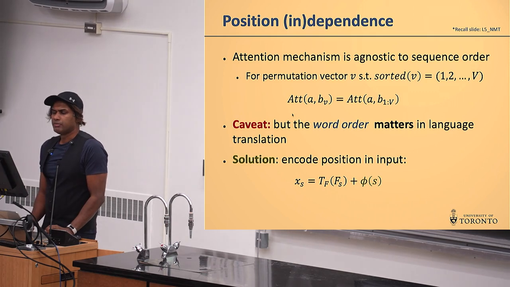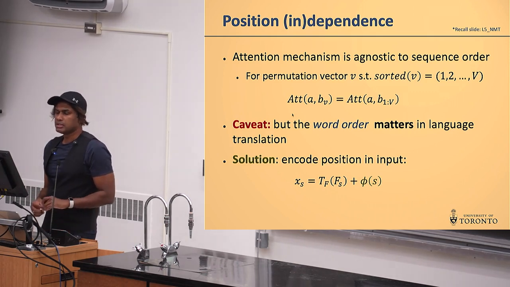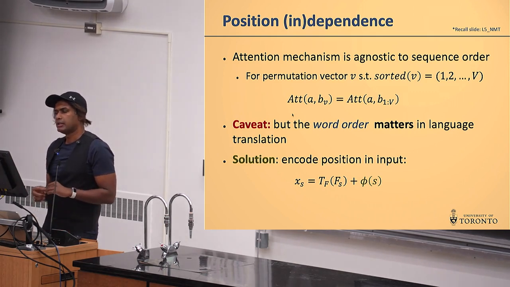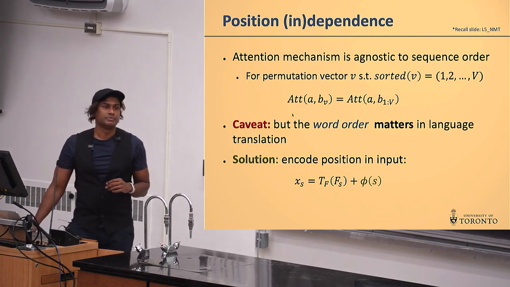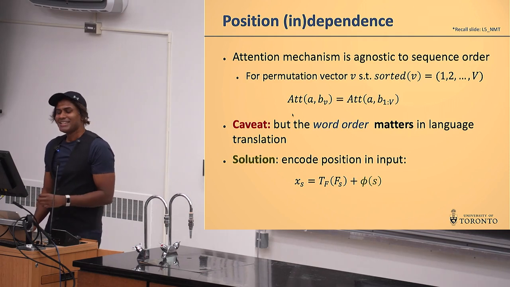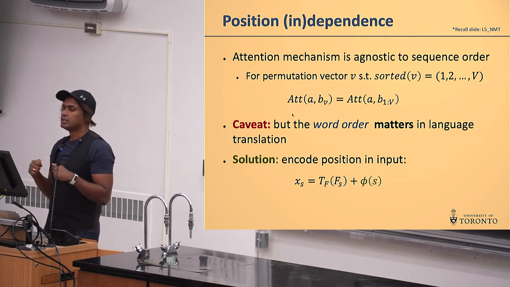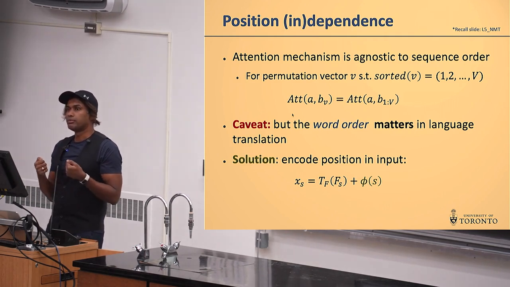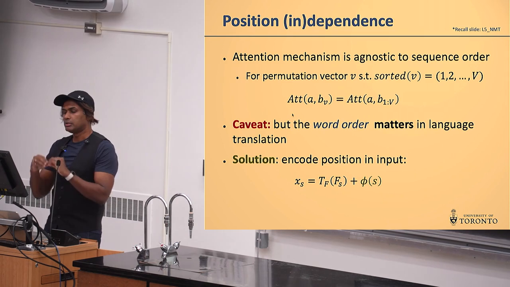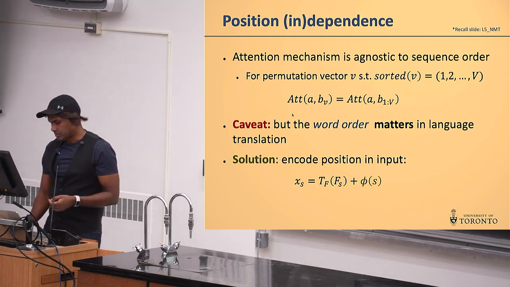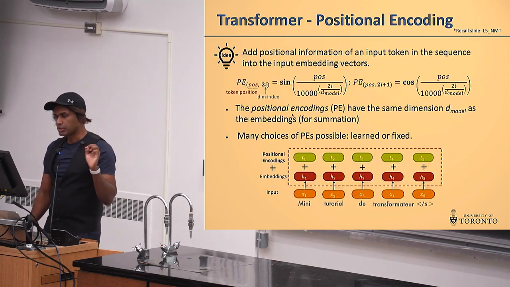So then we have the positional encoding part. Recall from lecture 5, neural machine translation, why we need the positional encoding: attention by itself does not infuse any word order information. So we need to have a notion of positions of the word tokens.